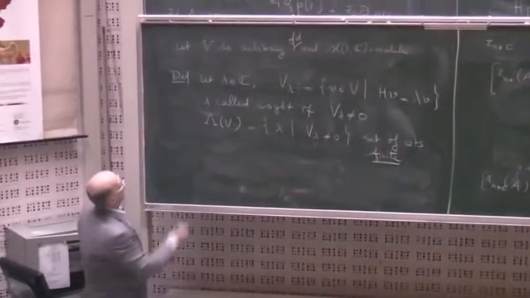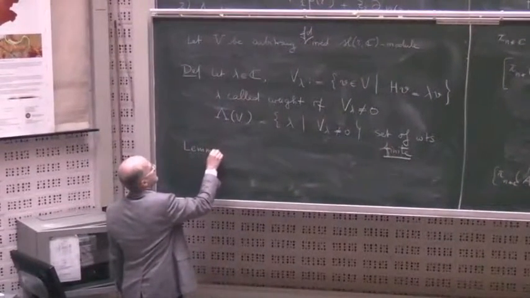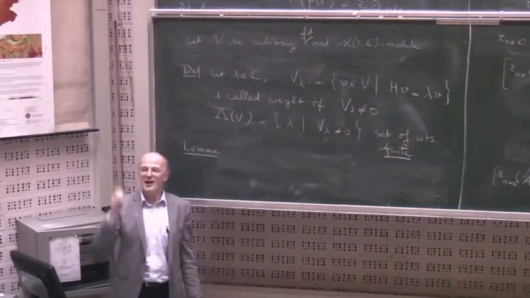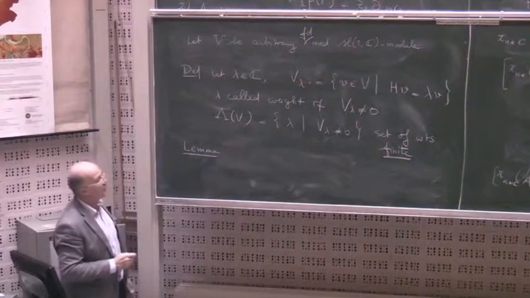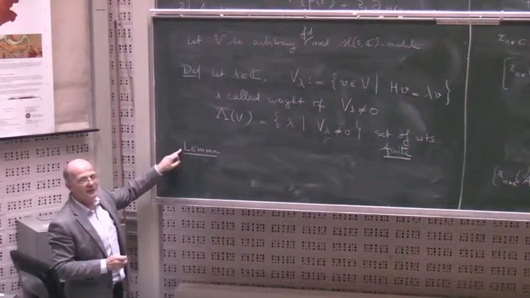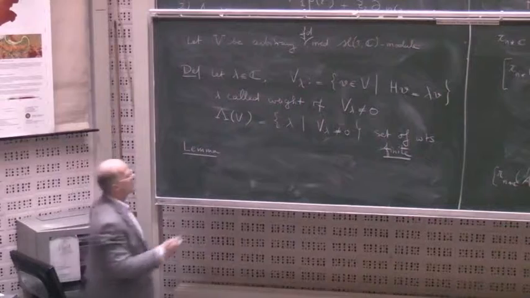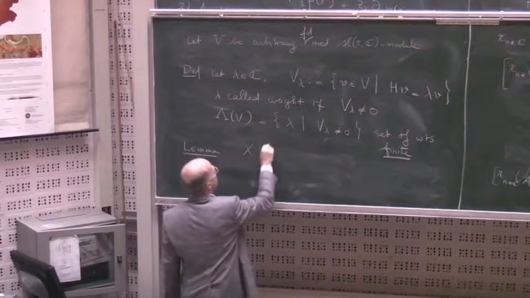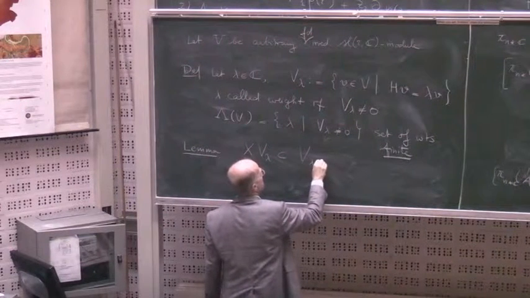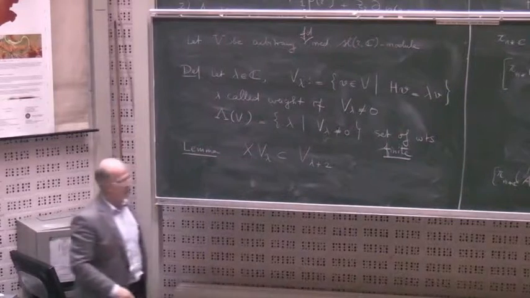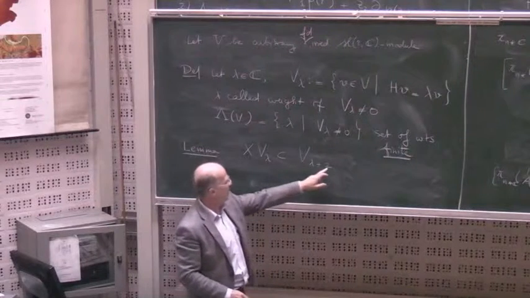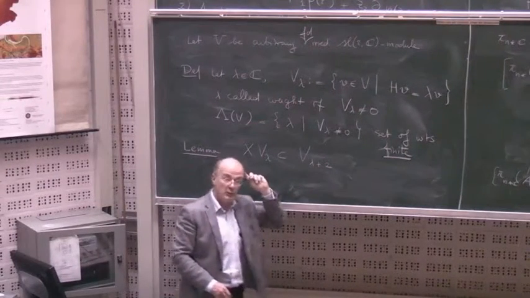Okay, lemma. And I think this is an appropriate lemma to finish the first half of this lecture with. This lemma expresses the raising and the lowering nature of the x and the y. So the lemma is that if we apply x to a weight space of weight lambda, then we will get a subspace of another weight space, and the new weight is determined by adding 2 to the original weight lambda.